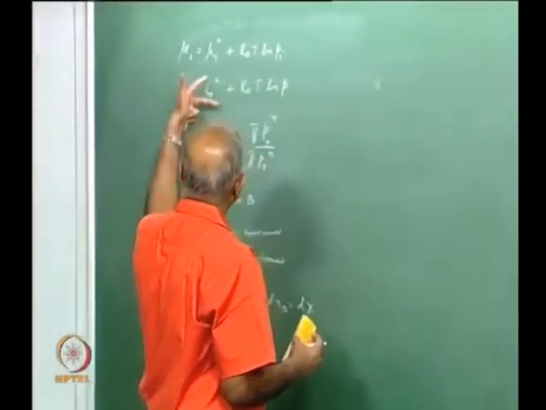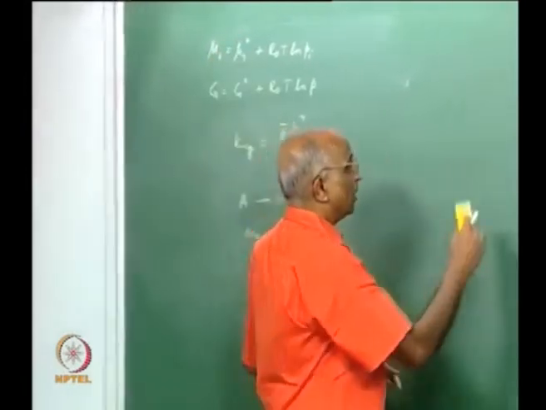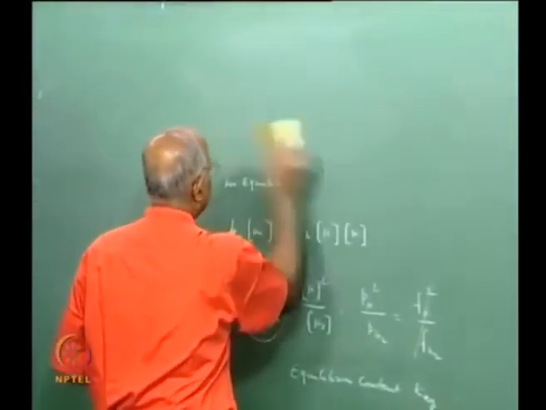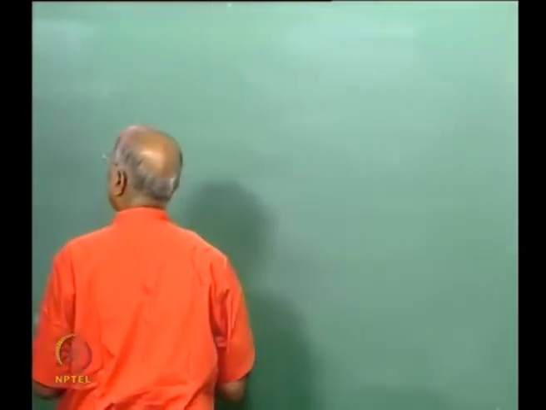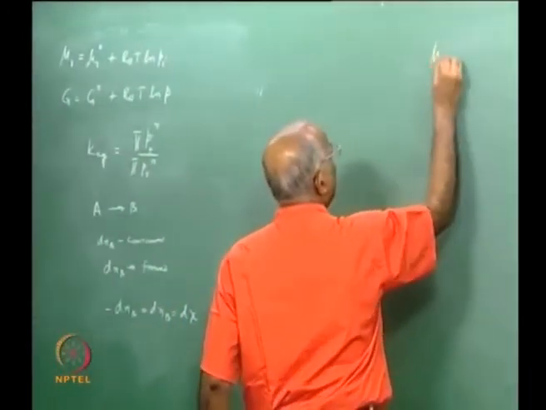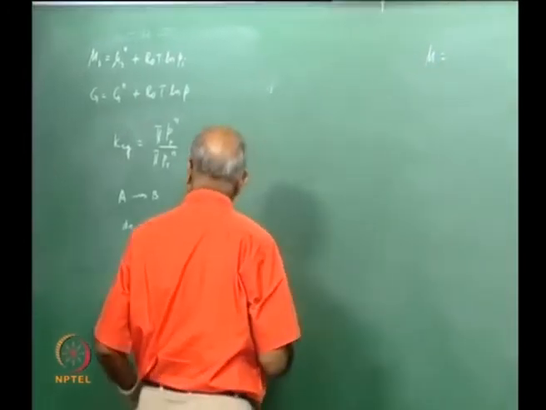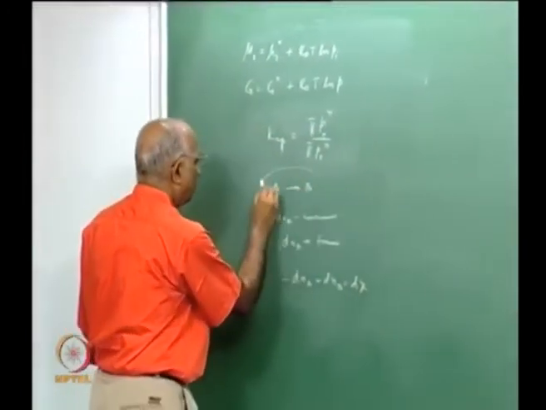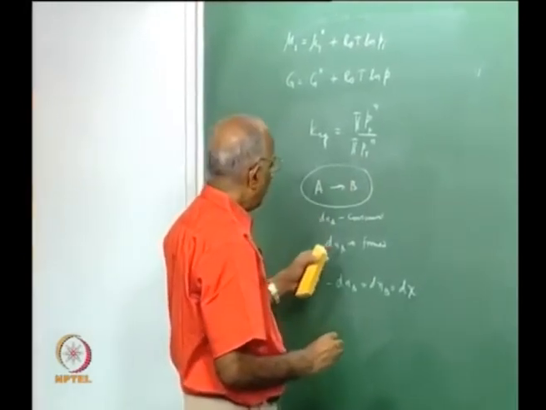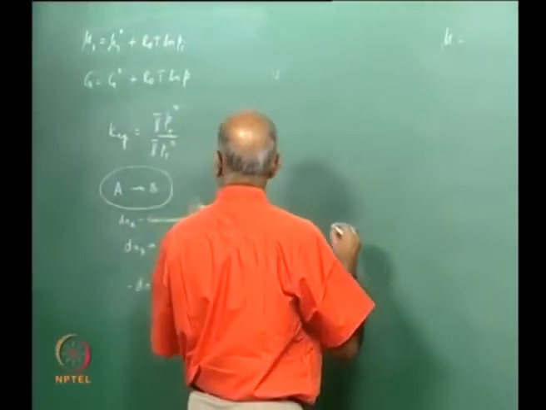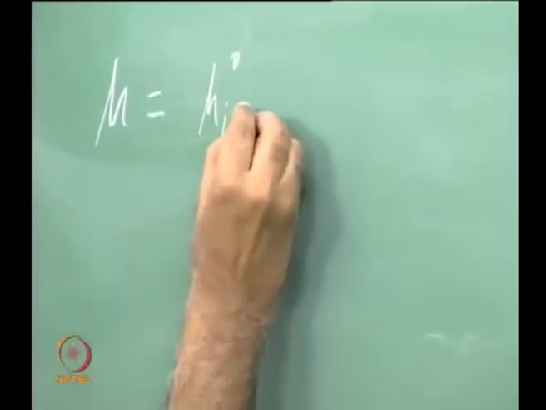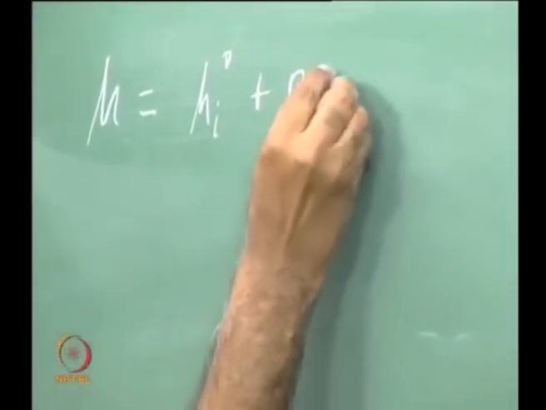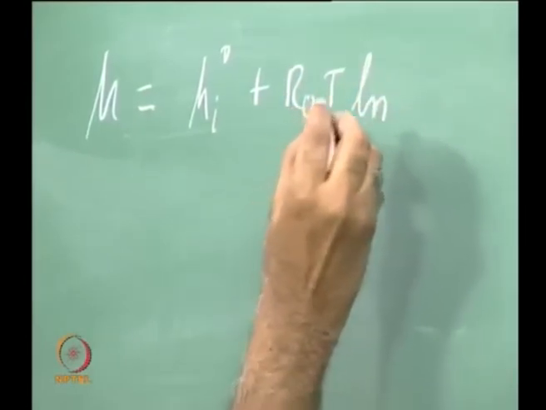Let's put the value in terms of the chemical potential over here. Now what is the value of the summation of mu? Mu for the species A and B put together: dNA is getting consumed, therefore I can write it as mu A standard plus R naught T into ln of Pa.